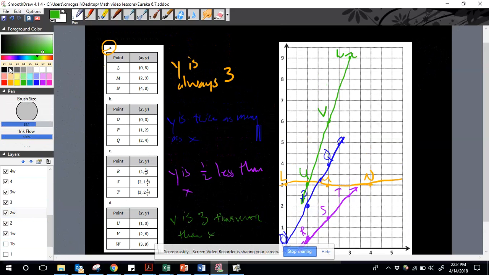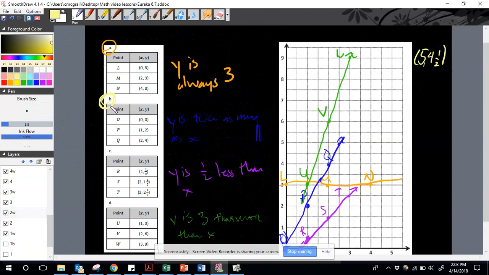Okay, the first point that I want to ask you about is, let's get a nice light color. Okay, 5 comma 4.5. So the first thing that I need to do is just look and see. I see here that y is less than x, and it can't be any of these ones because y is not 3 and y is not bigger, so it's got to be this one.